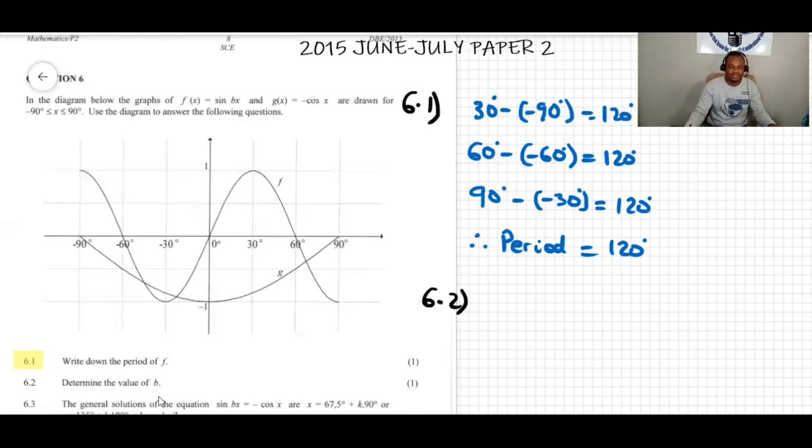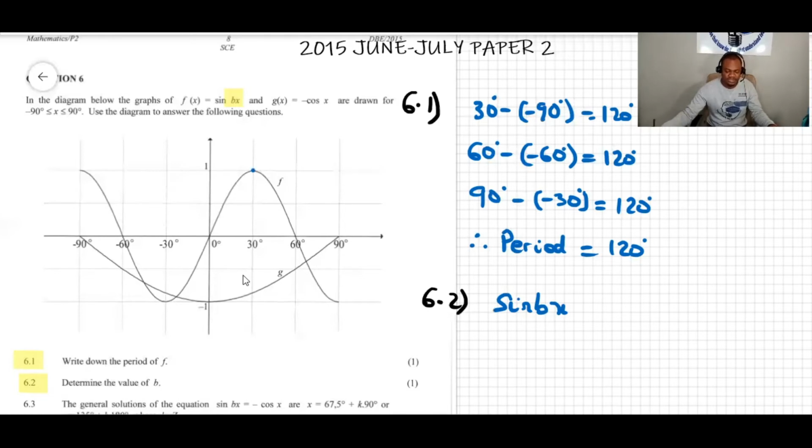Question 6.2 says determine the value of b. b is over here, we have sine of bx. Now we need to find the value of b. I'm going to pick any value on the graph, like the top one here.